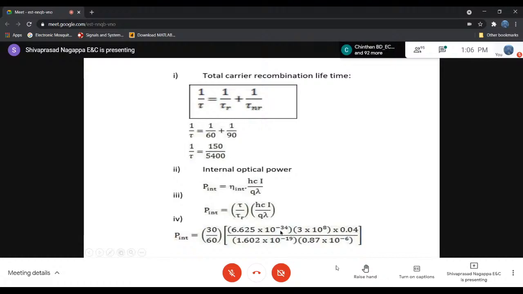Then h and c you know, I drive current is 40 milliamps, q is 1.602 into 10 power minus 19, and lambda is given as 870 nanometer.